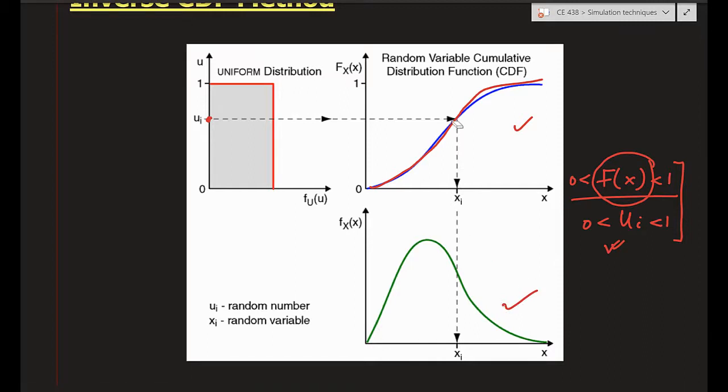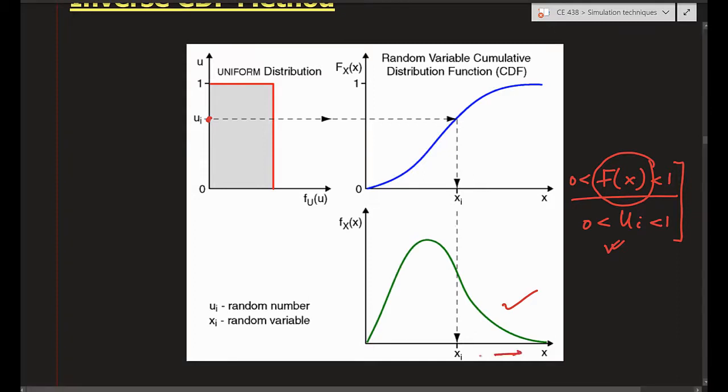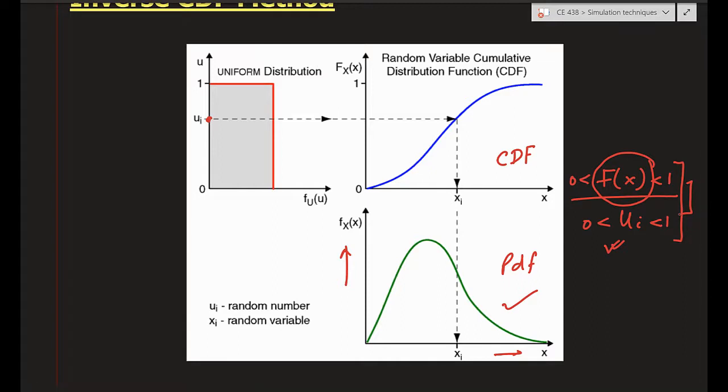So I have here the PDF of any distribution. On the x-axis we have the corresponding x values, and on the y-axis we have the corresponding density values. And this is the CDF function we have in this case. So we will use the idea that the CDF lies between 0 and 1, and my random number also lies between 0 and 1. So we can generate a random number using this idea.